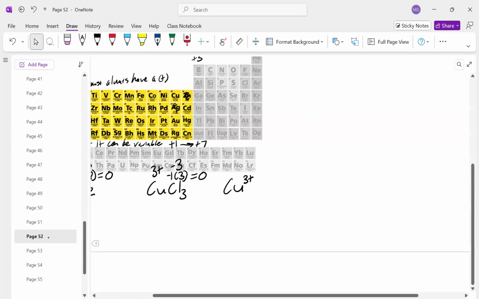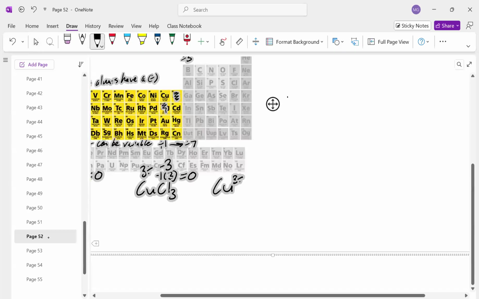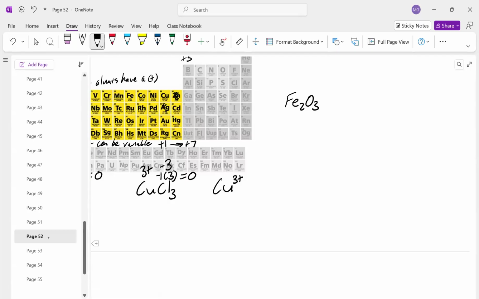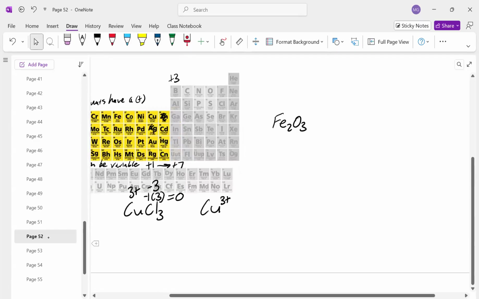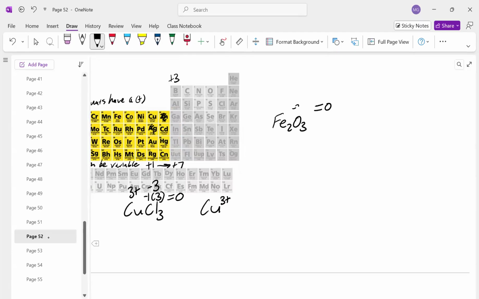Now let's get a little bit more complex here and look at iron. So here we have some compound of iron oxide. And again, how do I determine the charge of iron? Keeping in mind, it all has to add up to 0. So oxygen almost always has a charge of -2, and I have 3 of them.